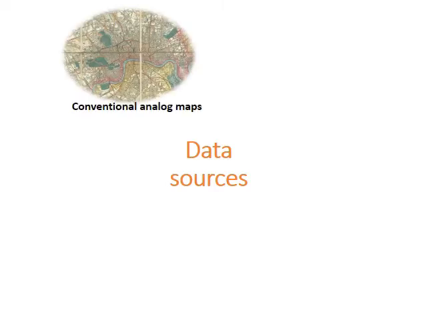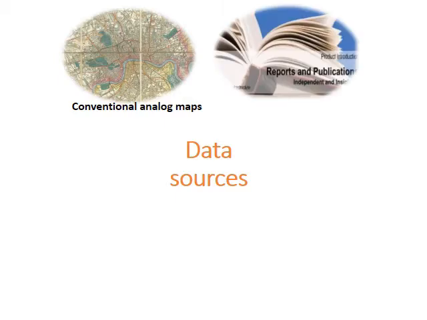For example, we take the conventional analog maps, which give you the topographical information, contours, the terrain features, cadastral maps, thematic maps. All these are the conventional analog maps, which can be a data source for the GIS analysis.